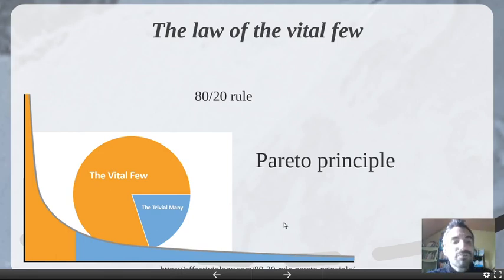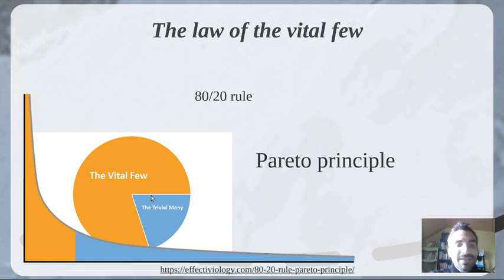This is the same for your project. Think about the vital few. Maybe you need 20% of your energy, time, intellectual investment to reach the vital few of your goal. So focus on that first. Forget about the rest for now.